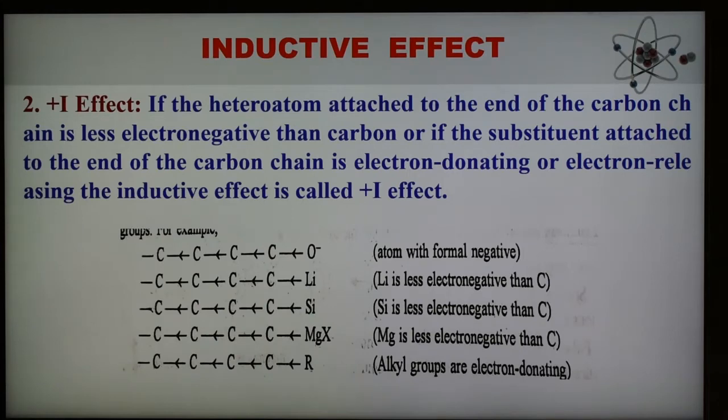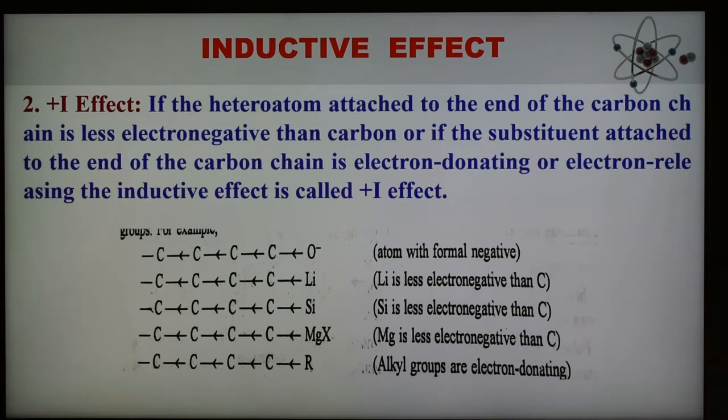The decreasing order of plus I effect of some alkyl groups relative to hydrogen, when attached to a saturated carbon atom or chain, we can give an example: tertiary butyl, which has three methyl groups attached to the carbon. So the tertiary butyl group has greater plus I effect as compared to the isopropyl group attached to the carbon, which has greater plus I effect as compared to n-propyl.